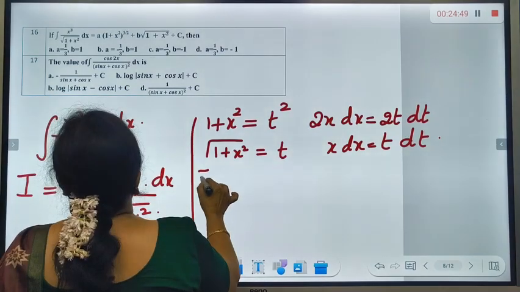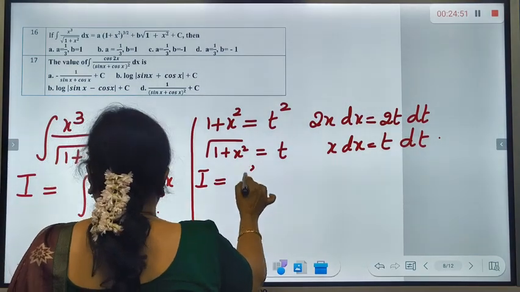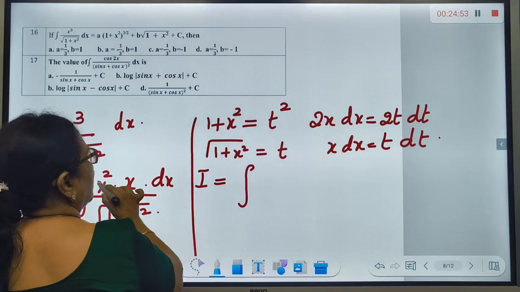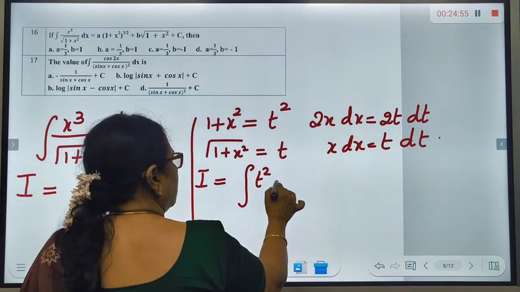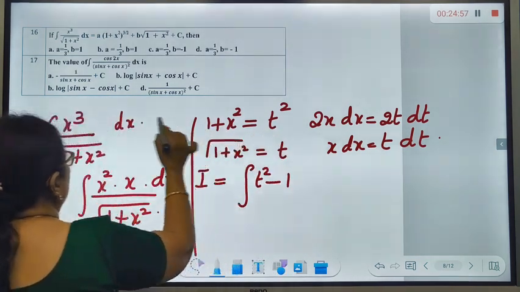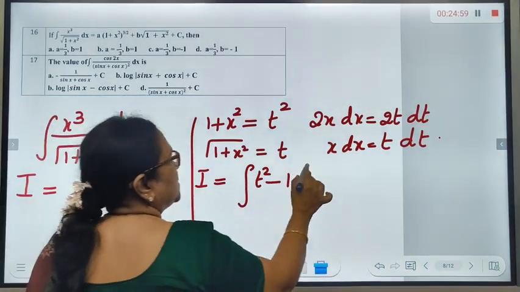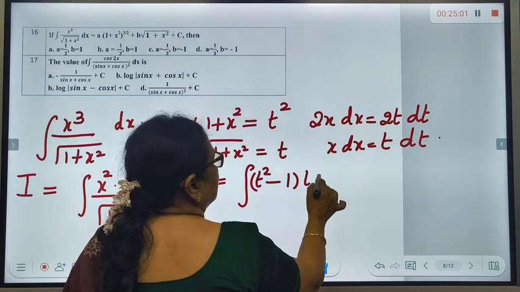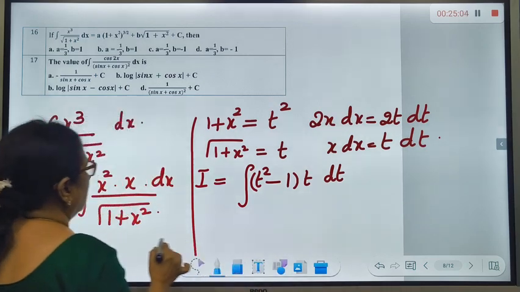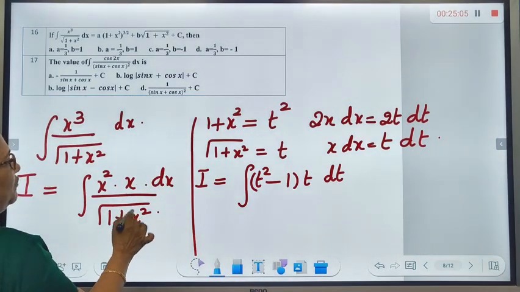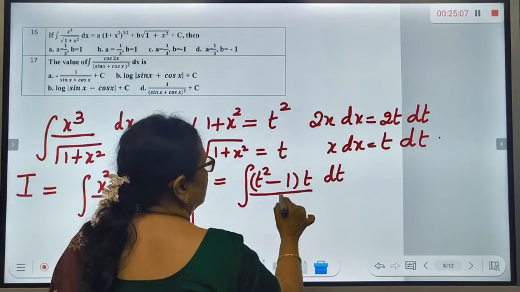So, I will be equal to integral of, now what is x square? x square is t square minus 1. x dx is t dt, divided by root of t square, which is t.